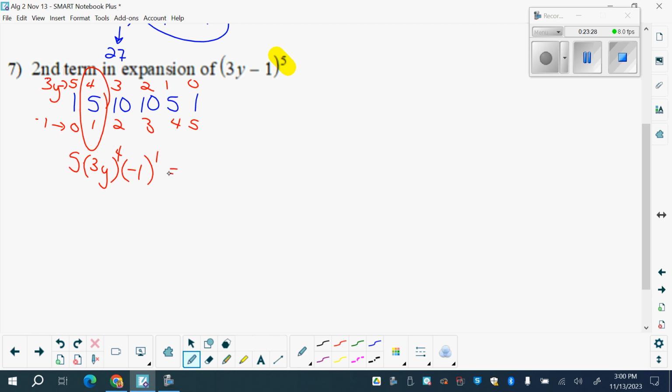What's 3y quantity to the 4th? So just the 3y to the 4th, what would that be? Use your calculator. 81y to the 4th.